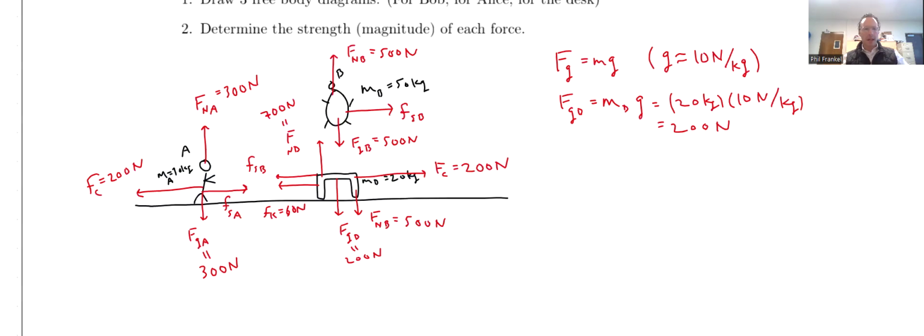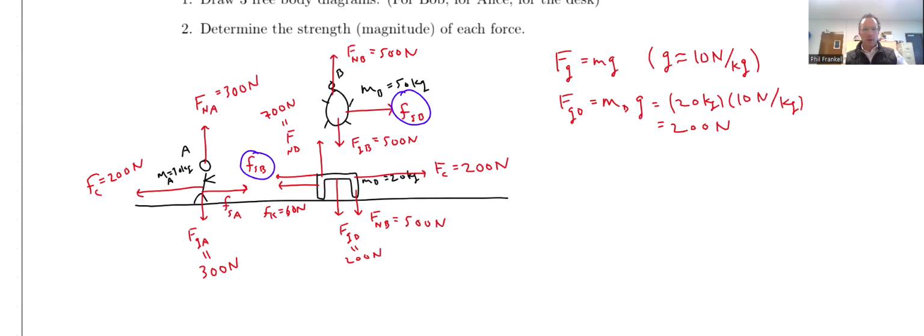All right, let's take stock of what we have over here. There are a few forces we don't know. I still don't know the force of static friction that the desk exerts on Bob. And the force of static friction that Bob exerts on the desk, the numerical values will be the same, but I don't know what that value is.